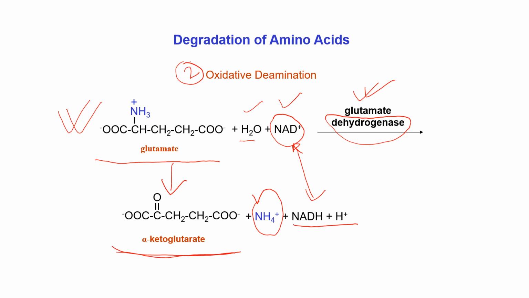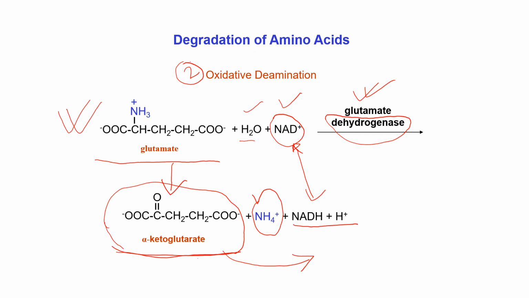After completing this reaction, this alpha keto acid will complete the citric acid cycle in mitochondria, because we already saw that this alpha keto acid is a product in the third step of the citric acid cycle. It completes the other steps in the citric acid cycle, and in every step it will release or produce energy.